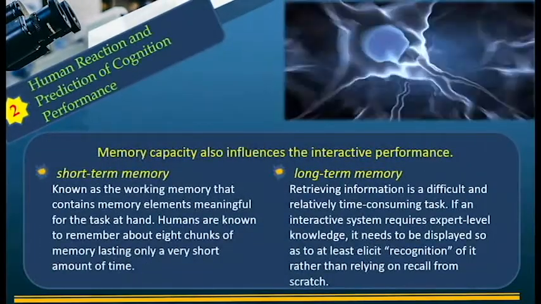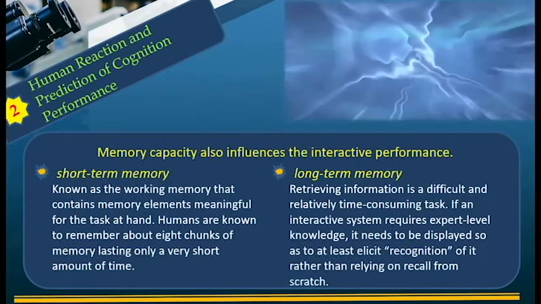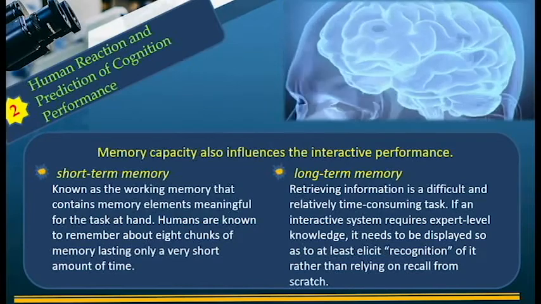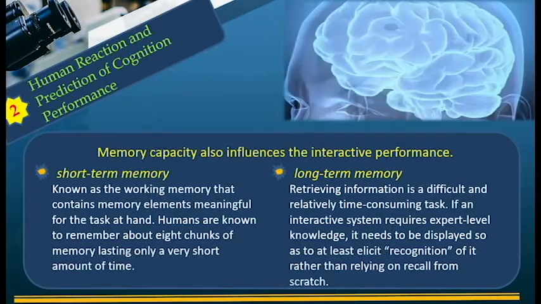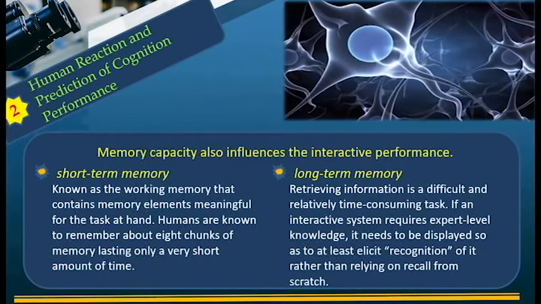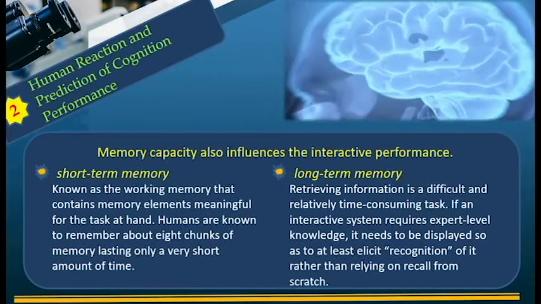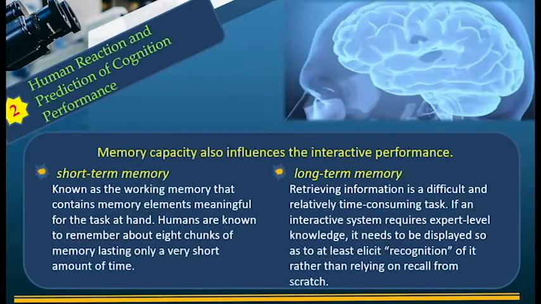We have memory capacity, which also influences the interactive performance. Here we have short-term memory and long-term memory.